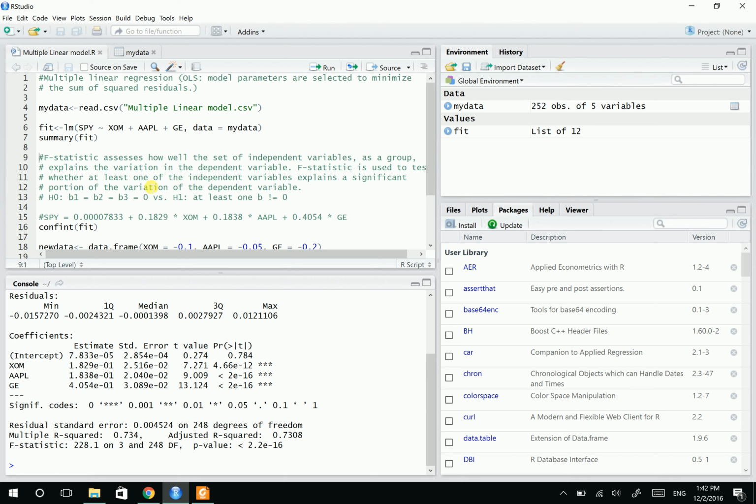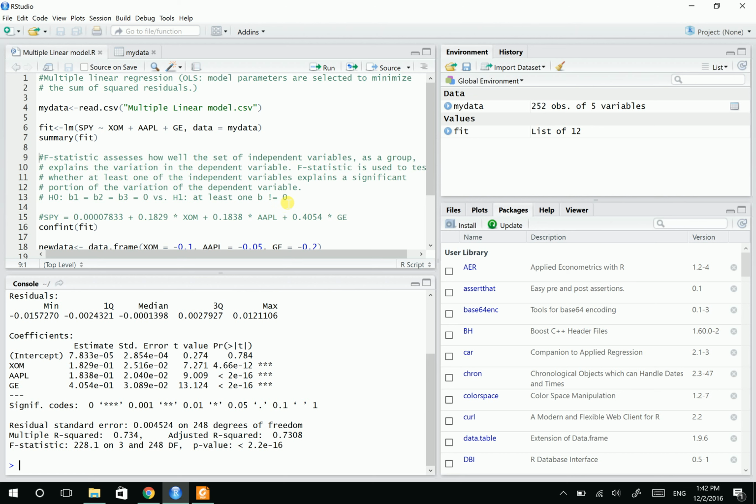If we write it as a hypothesis test, the null hypothesis is that B1, B2, B3, all the coefficients, equal 0. The alternative hypothesis is that at least one coefficient, one beta, doesn't equal 0.